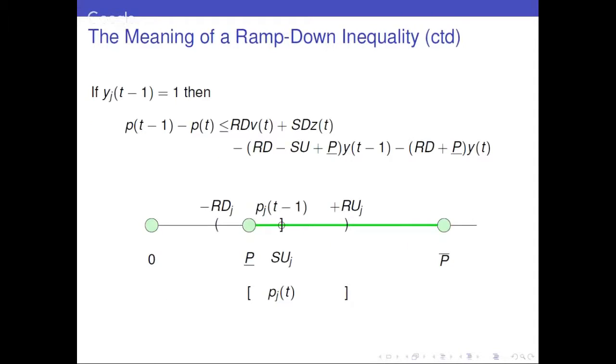So if you've just turned on, then what you realize is I'm going to be very close here, and in fact my ramp down can't go as far as minus RD. It's going to be bound by the lower bound.